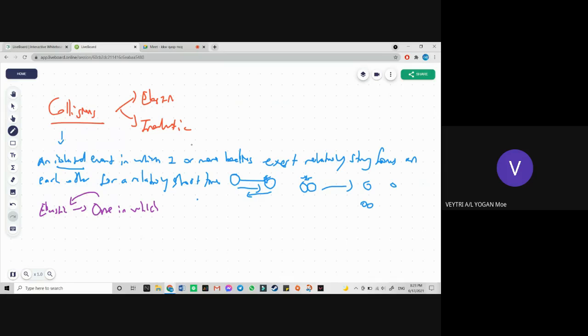Or you can still write again lah, elastic collision is a collision in which the total kinetic energy, remember kinetic energy of the system is the same before and after the collision. I repeat, elastic collision is defined as one in which the total kinetic energy of the system is the same before and after the collision.